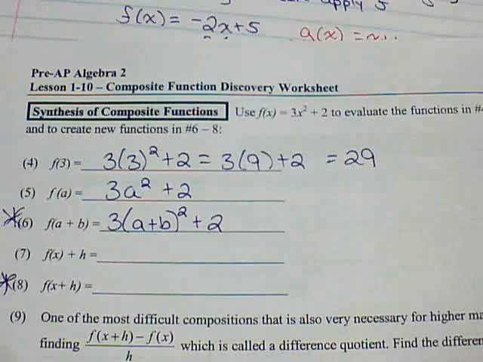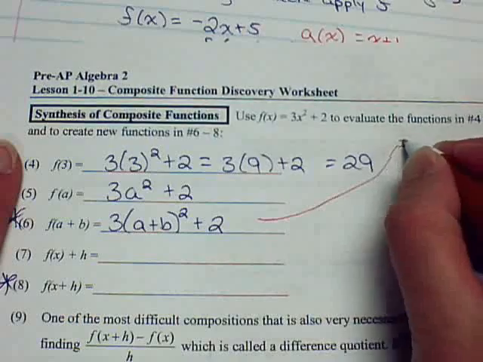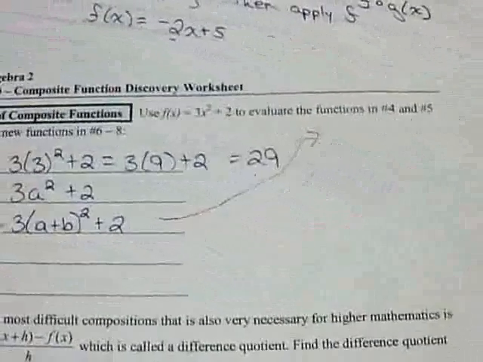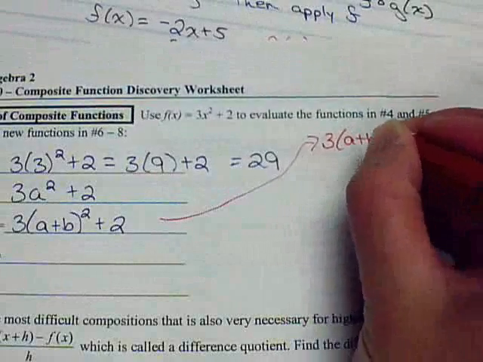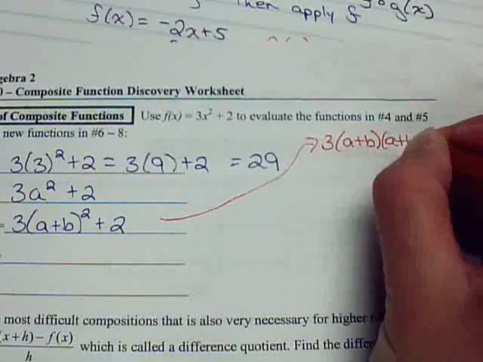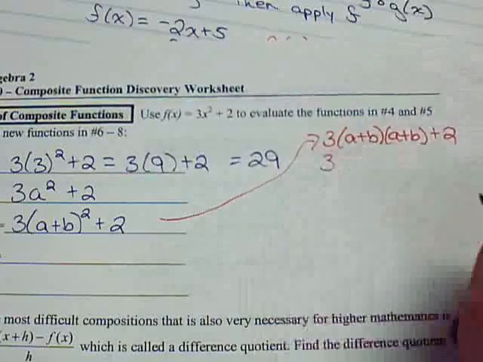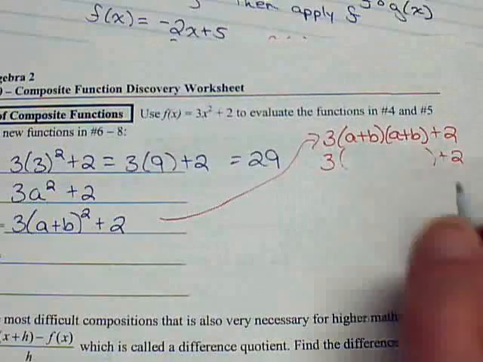Some people are forgetting what it means to square something. So let's kind of come off to the side and work this one out. I'm going to bring it up here. So when we square something, that means to multiply it by itself. So that's going to be a plus b times a plus b. And remember, this is just the distributive property to multiply these two together.